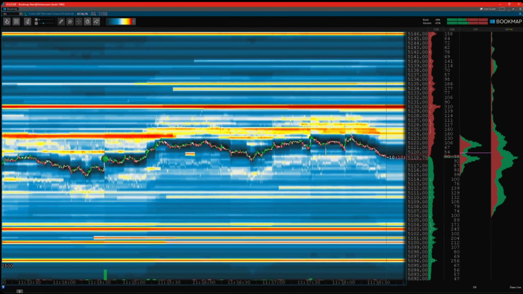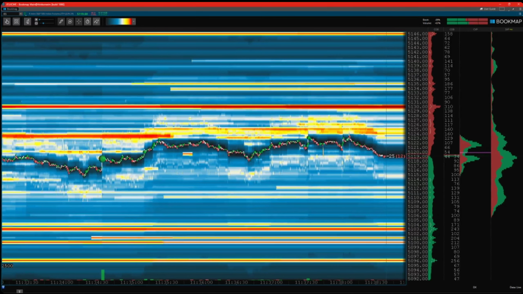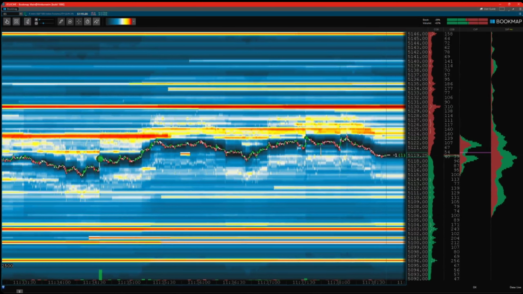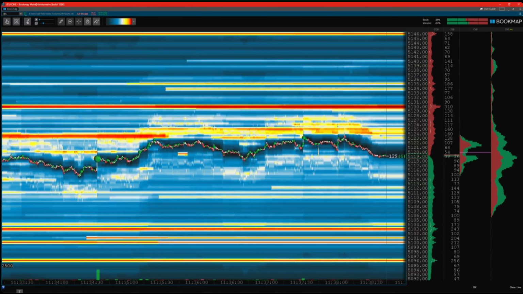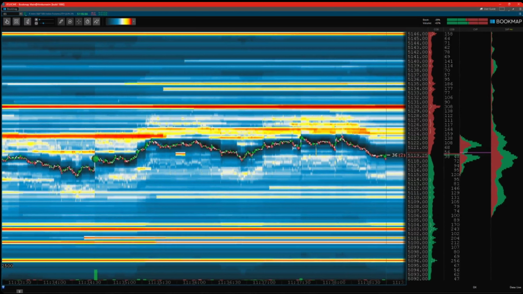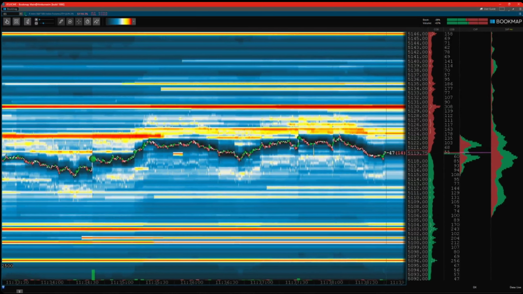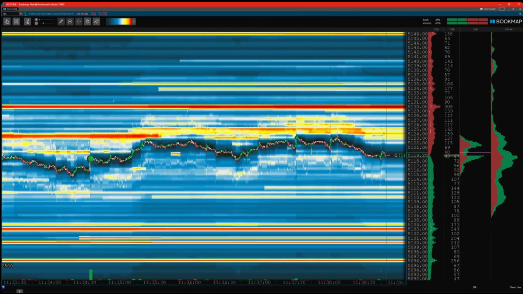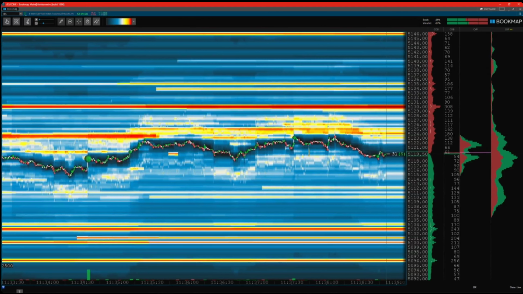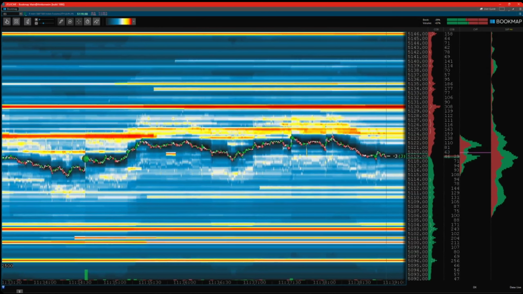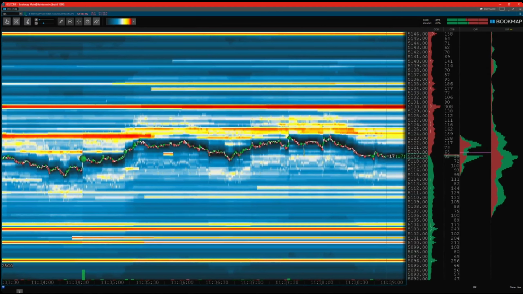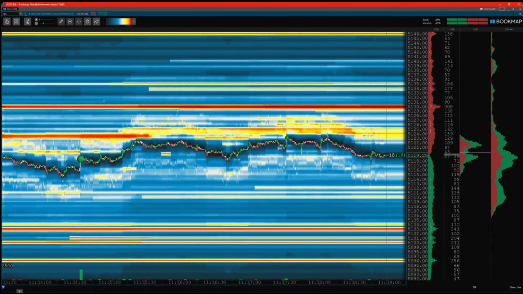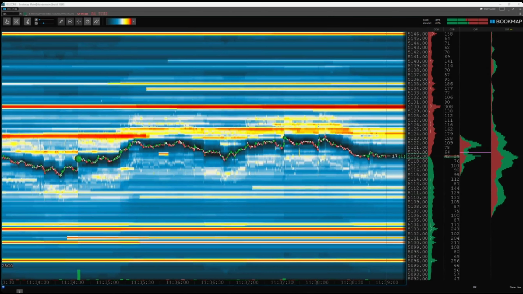For the past hour and a half, we haven't been able to break this level, and this 30-minute candle has been a pretty strong bullish bounce. But again, right, we're coming off of a crazy bearish strength.